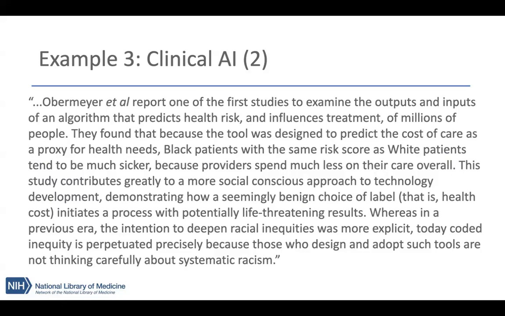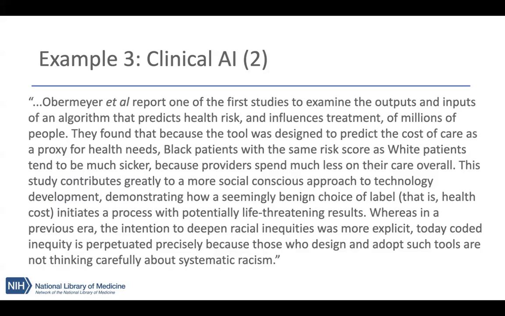She writes, Obermeyer et al. report one of the first studies to examine the outputs and inputs of an algorithm that predicts health risk and influences treatment of millions of people. They found that because the tool was designed to predict the cost of care as a proxy for health needs, Black patients with the same risk score as white patients tend to be much sicker because providers spend much less on their care overall.